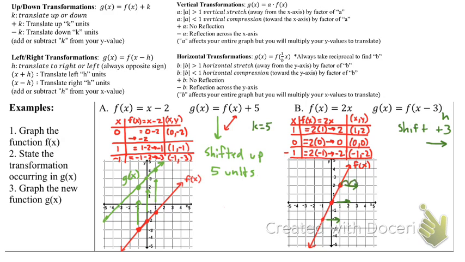It'd be 1, 2, 3 to the right, put a dot. 1, 2, 3 to the right, put a dot. 1, 2, 3 to the right, and put a dot. Connect these, and now we have the graph of g of x, and it's shifted to the right 3 times. Okay?